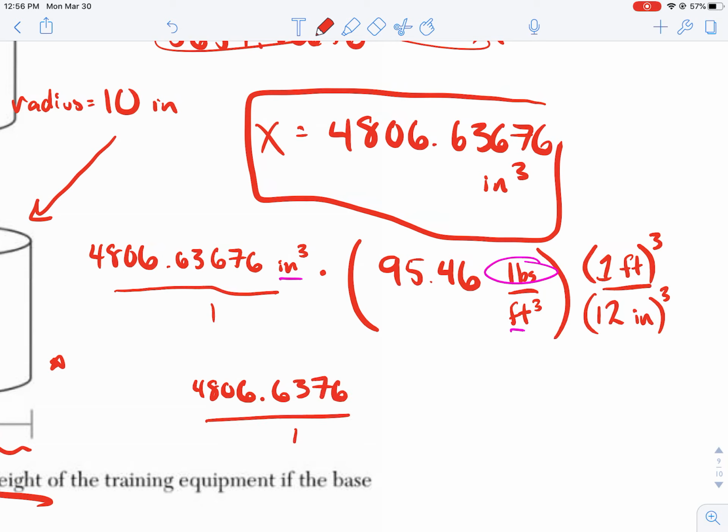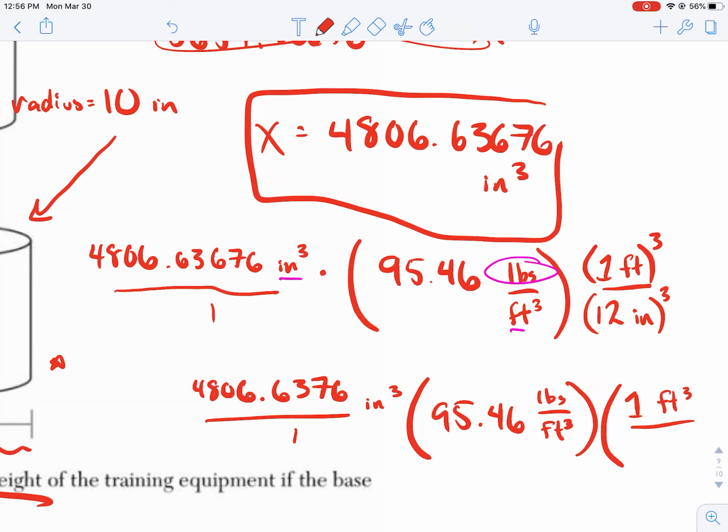Well, because when I cube all of that, I'm going to get 4806.6376 for 1 inches cubed, okay, times 95.46 pounds per cubic foot.